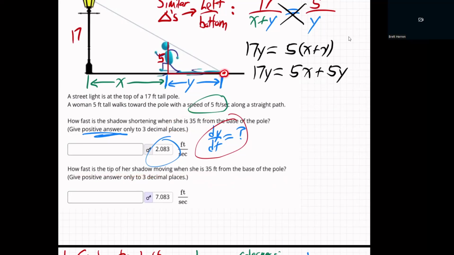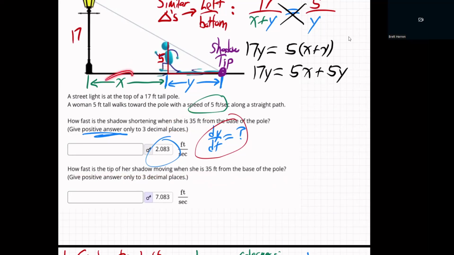Well, here's the tip of her shadow. Let's put that in real clear here. Let's make it purple. Here's the shadow tip. What's happening as she runs towards the light?